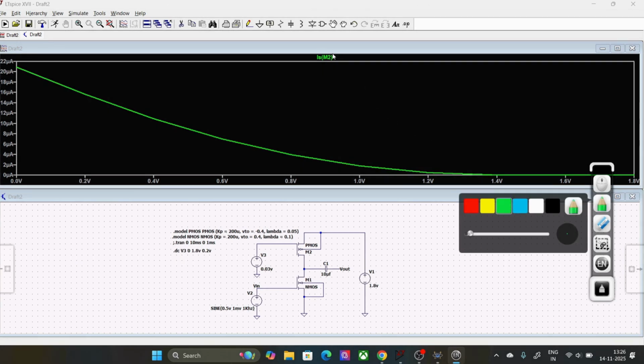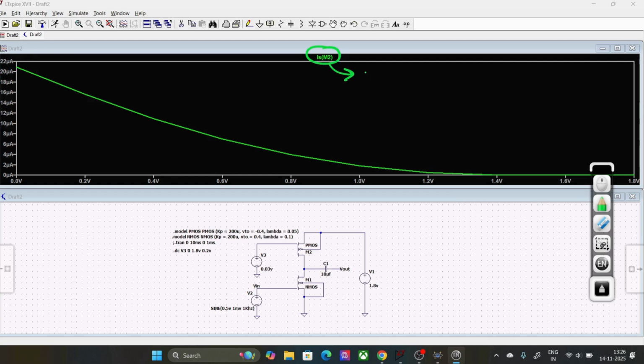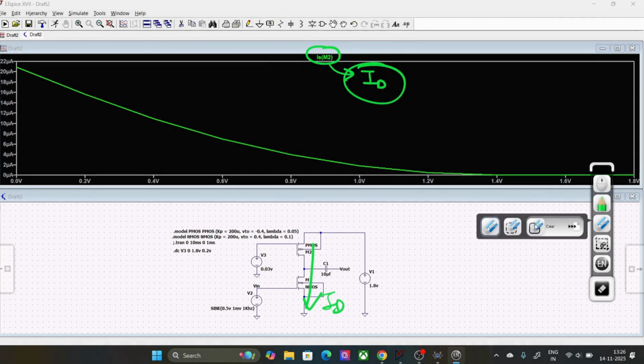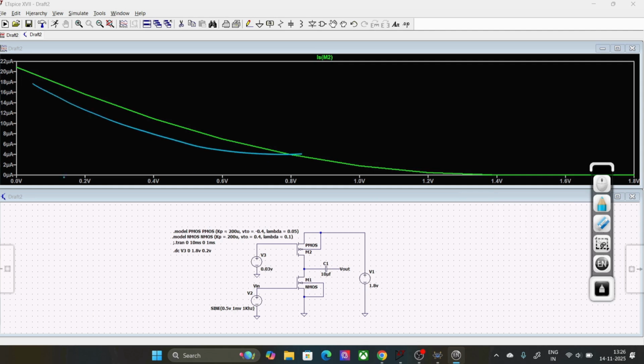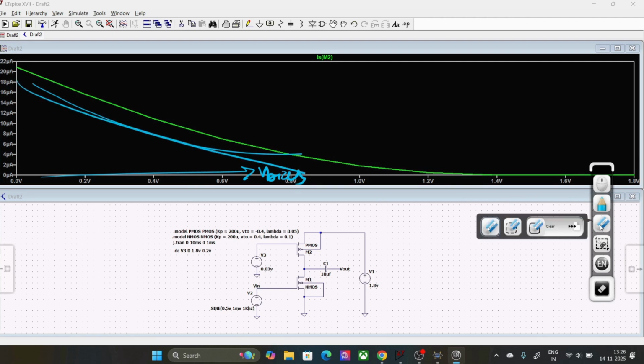This is what I explained. It is nothing but your ID, my drain current of the MOSFET, the drain current which flows through this particular MOSFET. You see it is decreasing, and this is what we assumed: it should decrease with respect to this Vbias voltage. So this is my Vbias voltage and my ID should decrease, and this is what we are able to see.